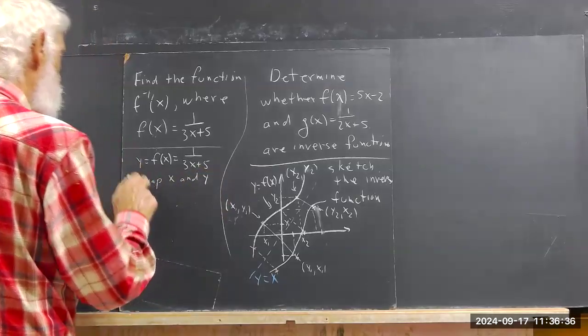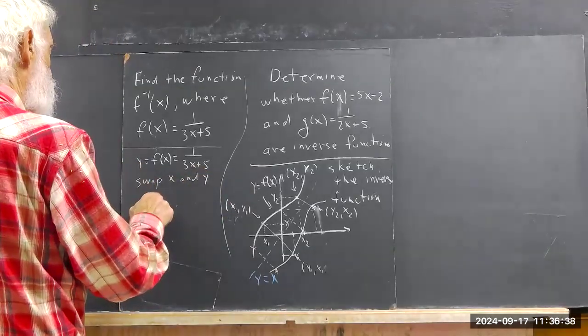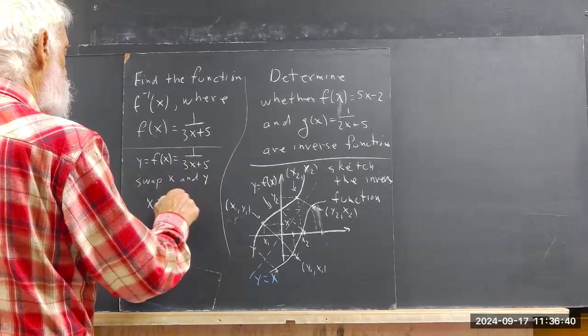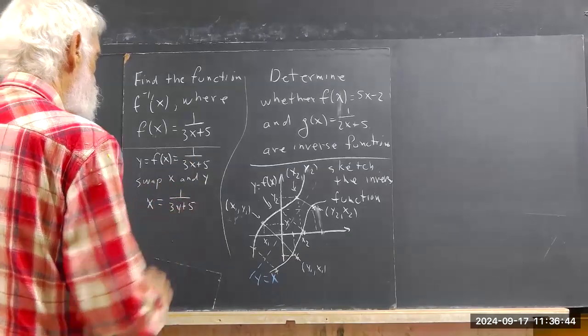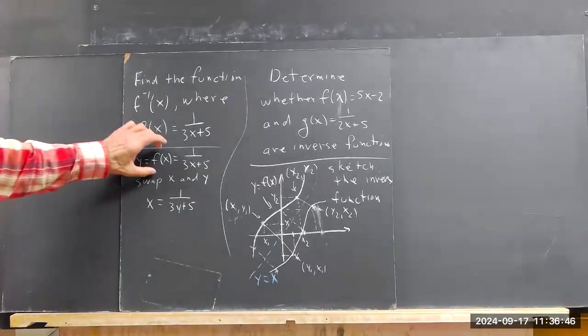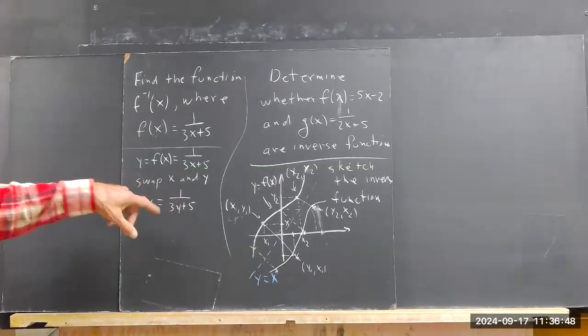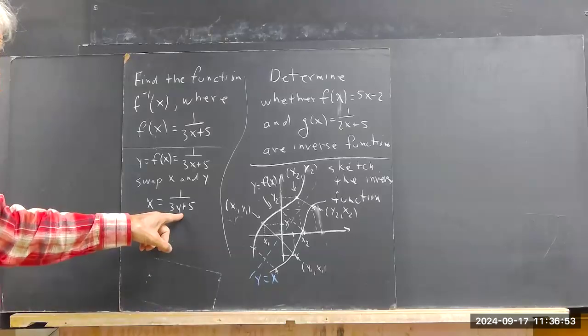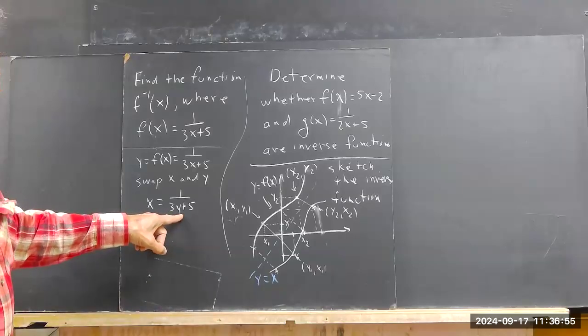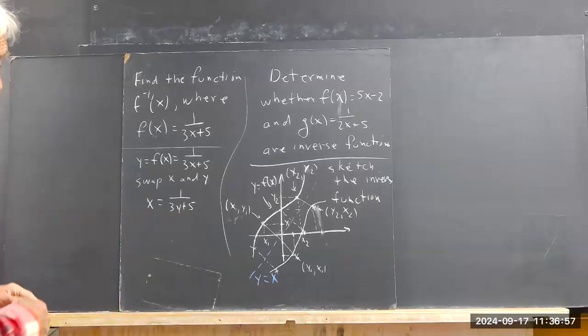We swap X and Y. In other words, the Y becomes X and the X becomes Y. And we leave the F out because it's a little hard to figure out where to put an F inverse in this, until you solve this for Y. Then you know what your F inverse is.